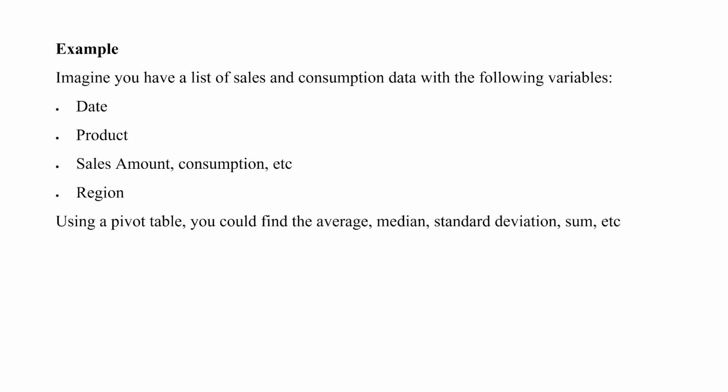Example, imagine you have a list of sales and consumption data with the following variables: date, product as a categorical variable, sales amount, consumption, etc. as quantitative variables, region as a categorical variable.